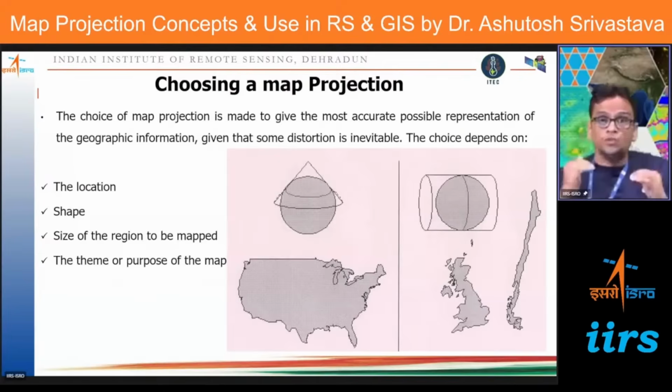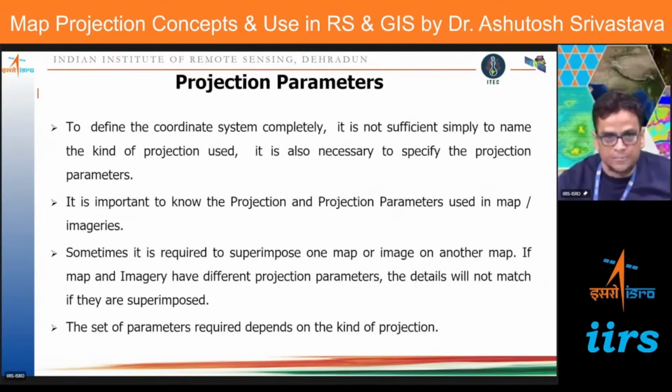So we need to select our map projection based on the location, the shape or the size of the region to be mapped, and the theme or the purpose of the map. The most important is, as per our objective, we can select these map projections.